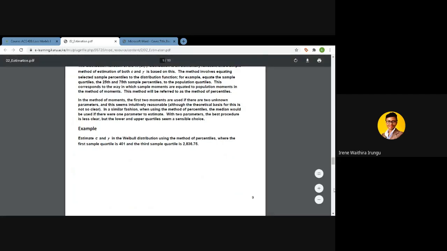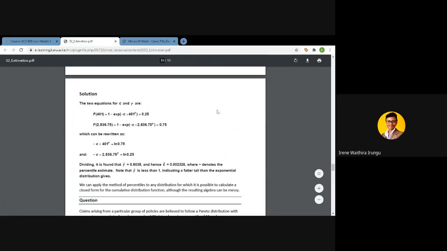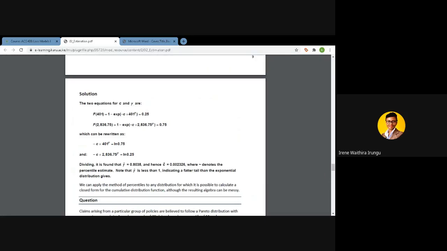So if we were to solve for C and gamma using the method of percentiles, then it means we will be utilizing the cumulative distribution function, where if we were to integrate our PDF from its least value, assuming the domain of X in a Weibull distribution starts from 0, from 0 all the way to my first quartile, then that probability should be equivalent to 0.5.